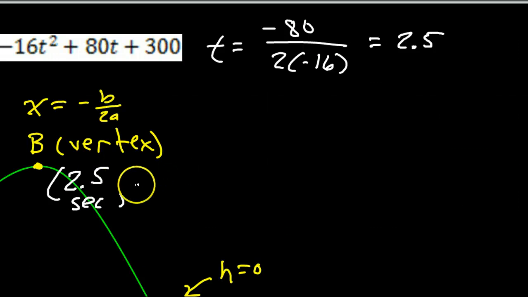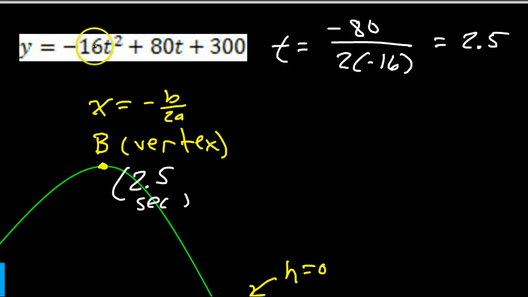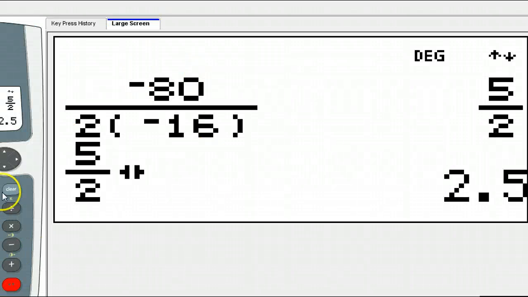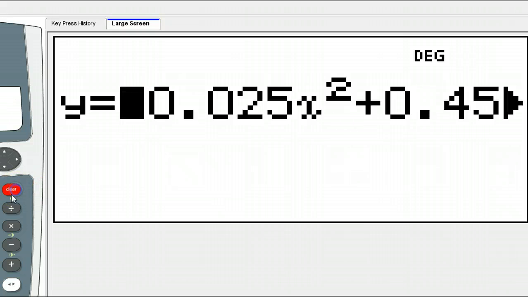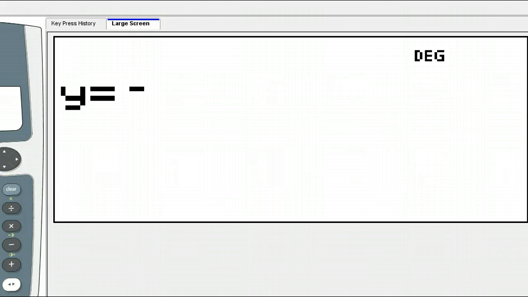Okay, and let's go ahead and find the height that goes with this time while we're at it. I always just like to find both at the same time. So the way we find the y value that goes with this x value of the vertex is we put the equation in the calculator and just look and see. So let's see, negative 16t squared plus 80t plus 300. Use the table feature.